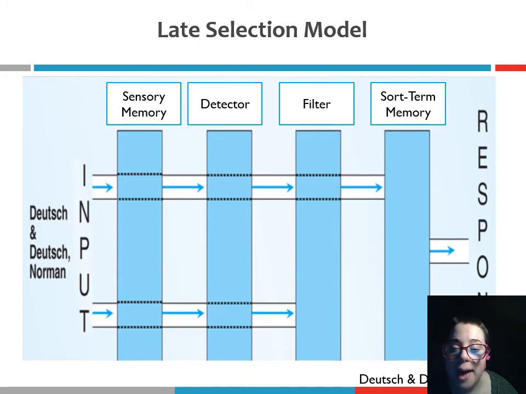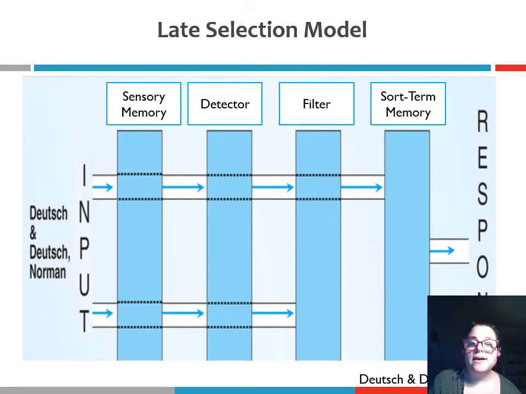Okay, so at that point is when the selective filtering takes place, and then only the information in the attended channel is going to be transferred to short-term memory. So again, we're just flipping the places of the detector and the filter so that information from the unattended and attended channels can be processed for meaning before it's filtered out.